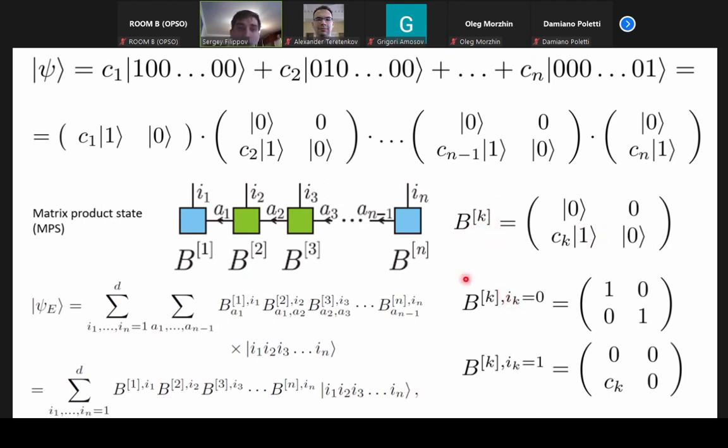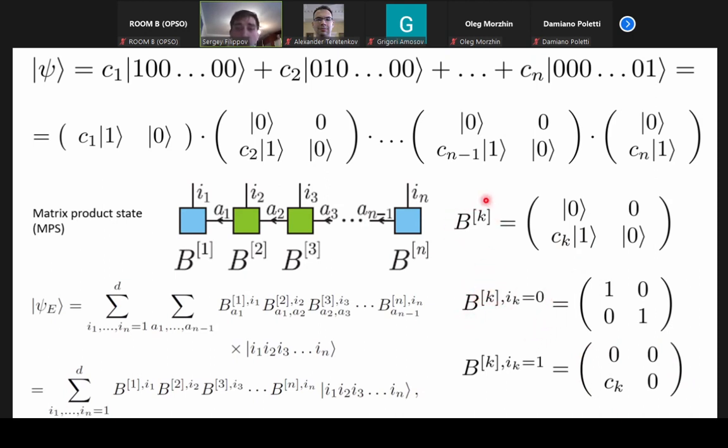So a description of that matrix B, so now we can specify it. If i_k equals 0, then we look at the contribution of ket 0 in the matrix, and it gives us the first matrix. And if we look at the contribution of ket 1, then we get the second matrix here. So now we understand how to treat those B's.